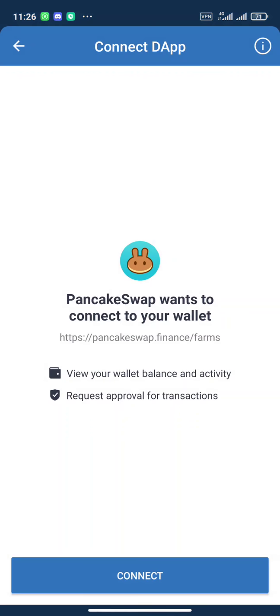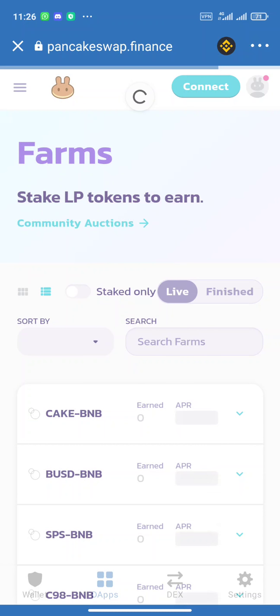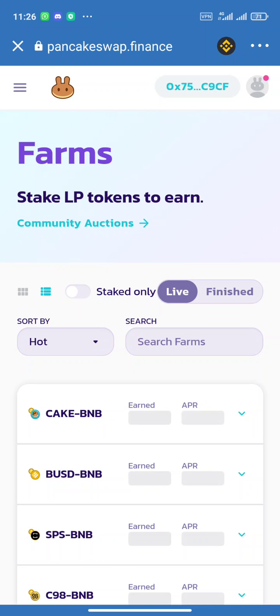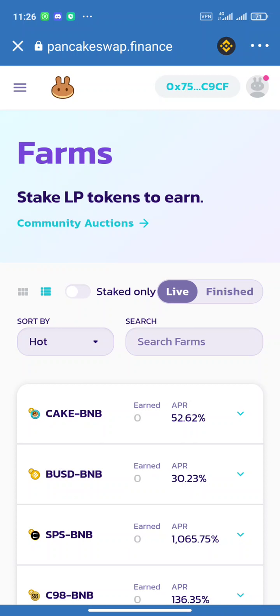Under farms you will see that you will need to stake what we call liquidity pool tokens. Now that's not what I want to explain today, but if you stake in liquidity pool tokens, you pair 2 coins, and then use it to add liquidity into a pool, and then you'll be given what you call liquidity pool tokens. It's not those liquidity pool tokens that you will stake.